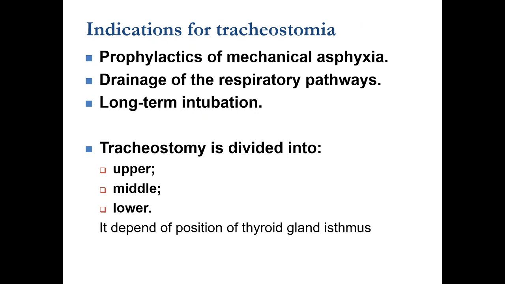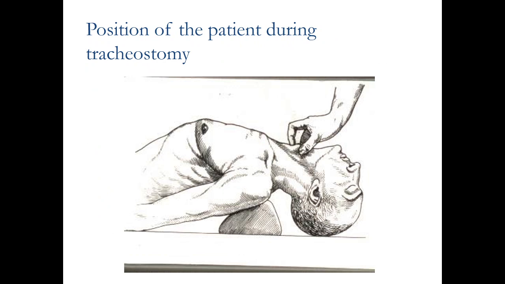Indications for tracheostomy: prophylaxis of mechanical asphyxia, drainage of the respiratory pathways, long-term intubation. Tracheotomy is divided into upper, middle, lower, depending on the position of the thyroid gland isthmus.